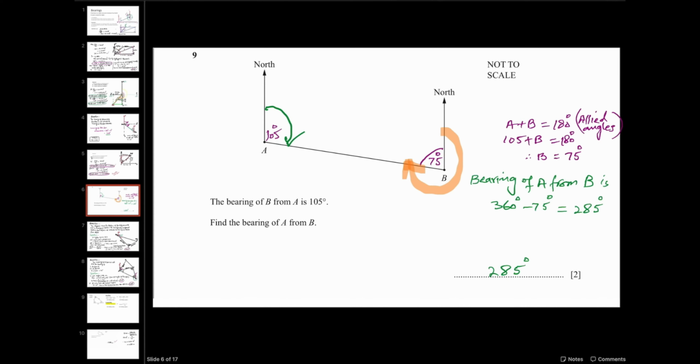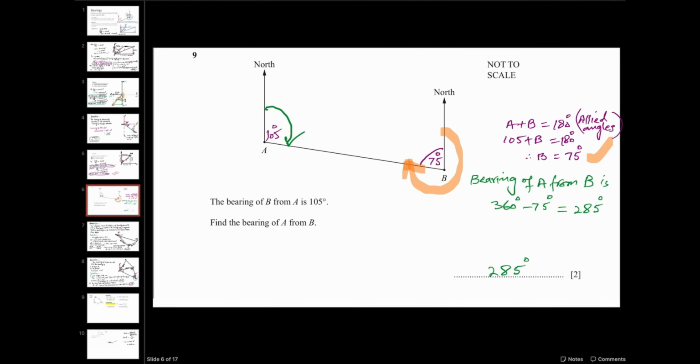Yes, bearing of B from A is given, which is 105 degree. So the angle B should be 180 minus 105 degree, which is equal to 75 degree.